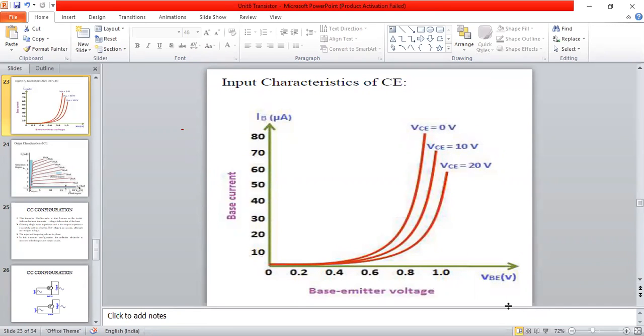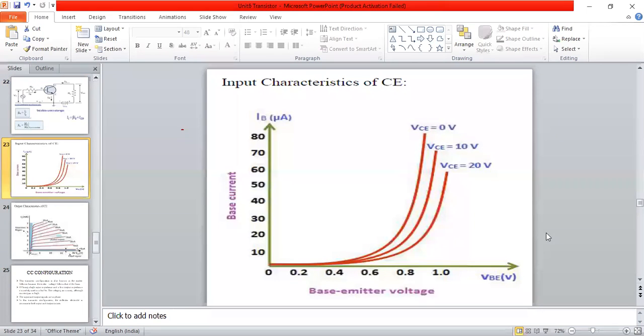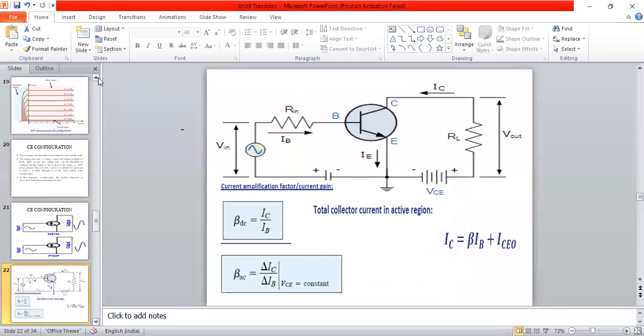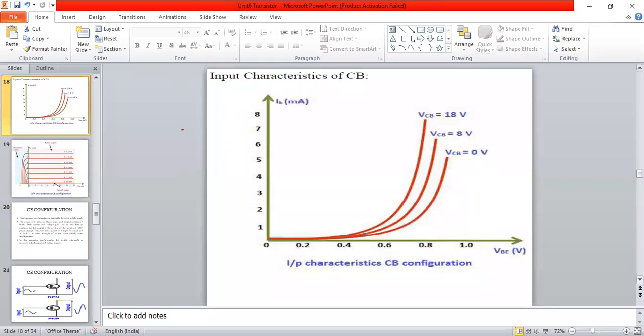Here it is reversed. It is completely reversed, but we have not observed. Just observe that one. This one is common emitter. I will show the common base also. Check it.